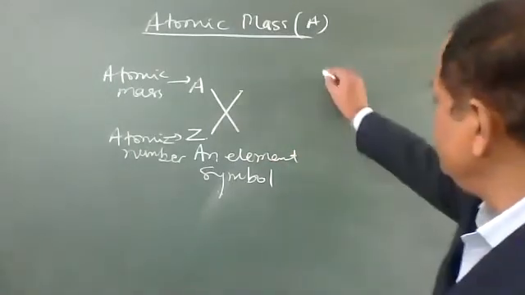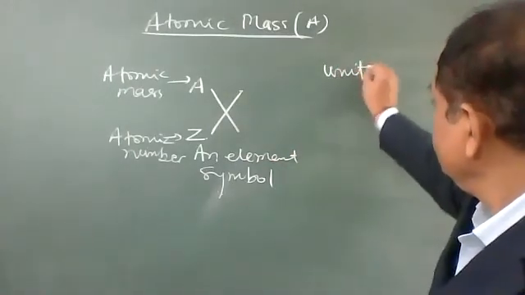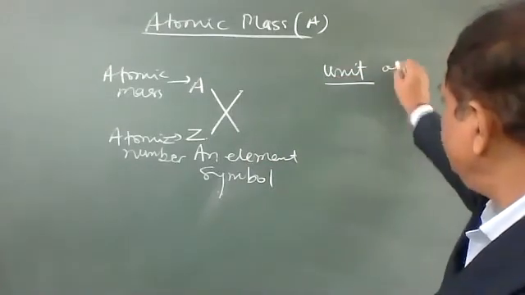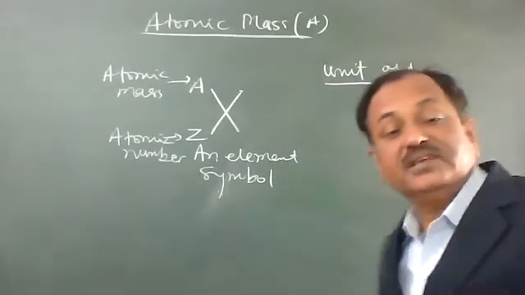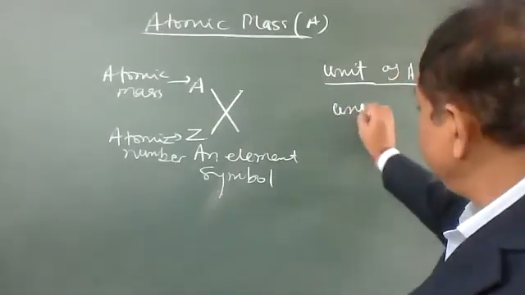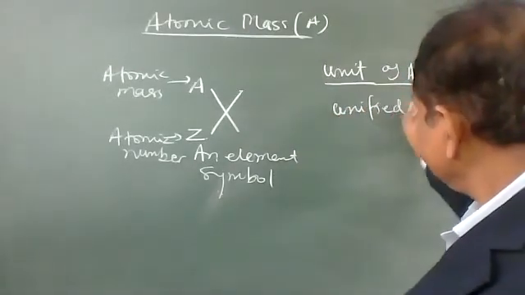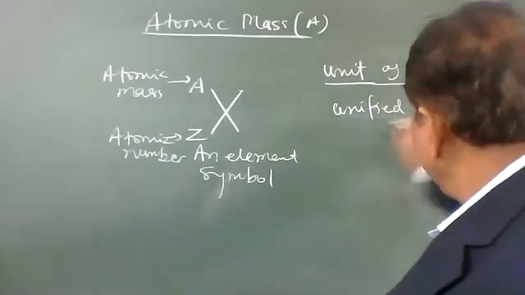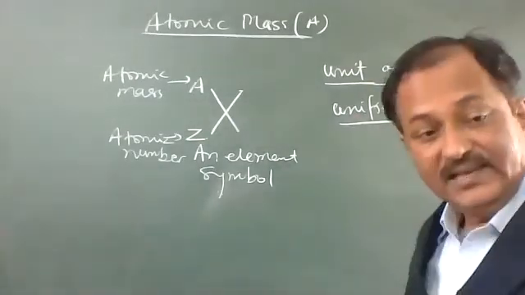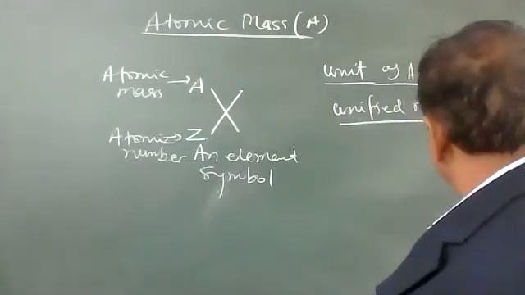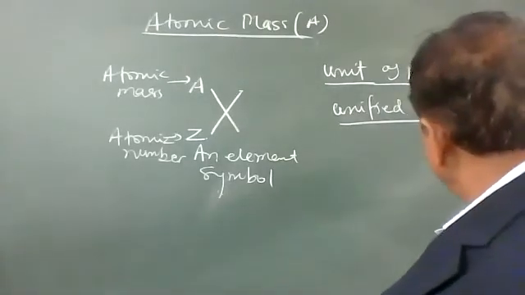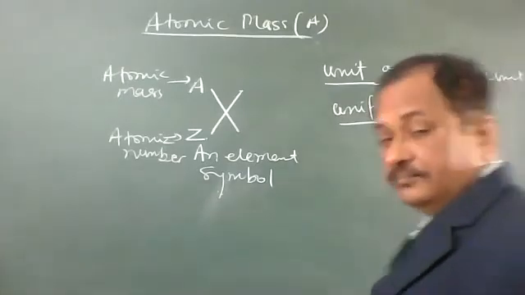Now, the unit of A is unified mass. It is the SI unit, and the symbol is a small u.